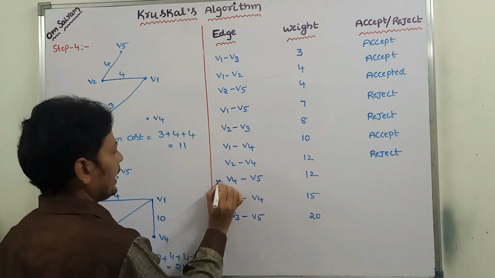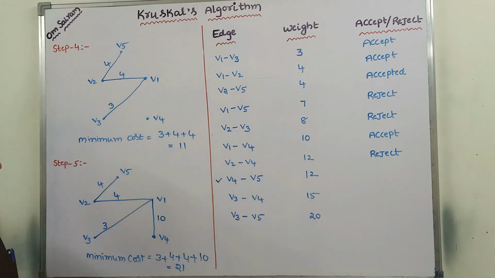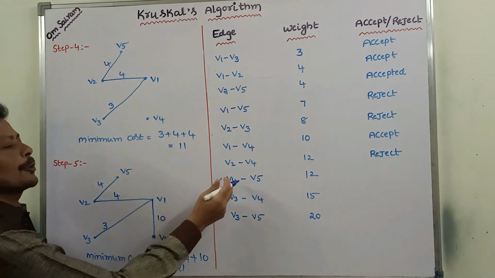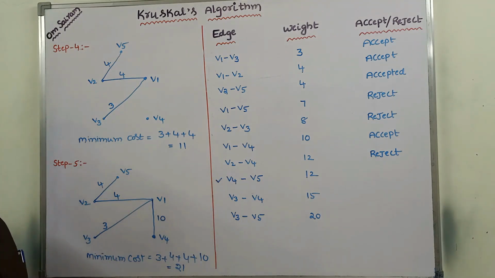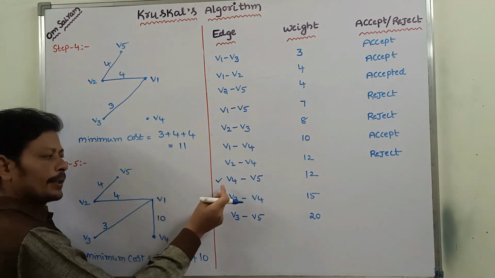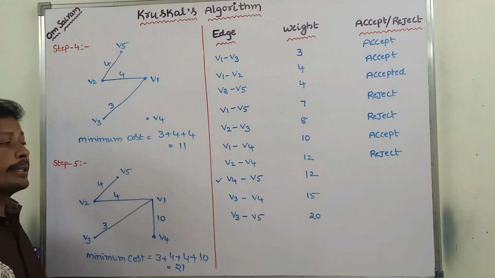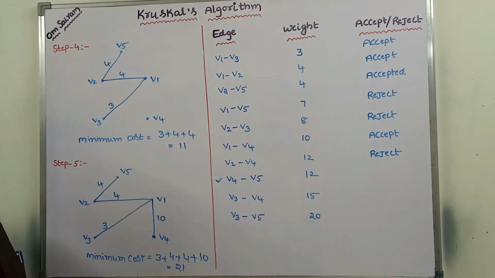The next minimum weight edge is V4 to V5. We have to check whether, after adding this edge, it forms a cycle or not.